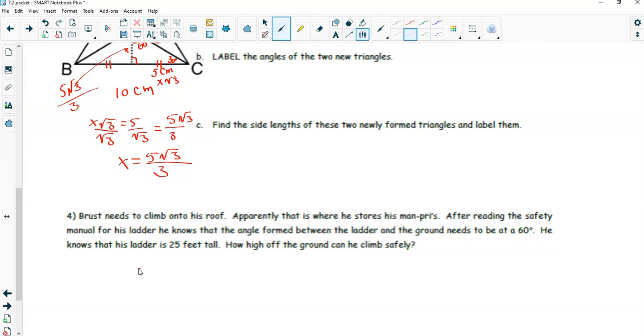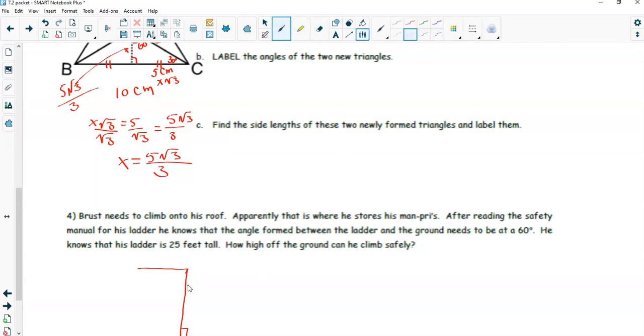Okay, so let's draw something like that. And let's assume, something like that, right? And let's assume this is perpendicular. This line shouldn't be there. Now, what do we have? We have a ladder.